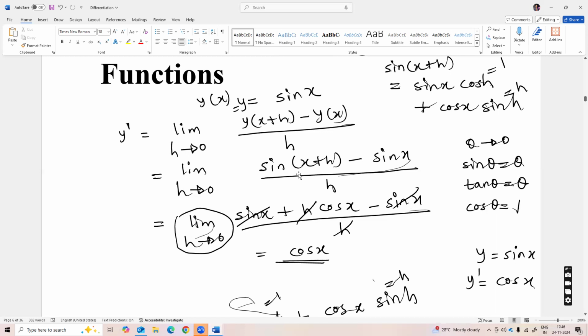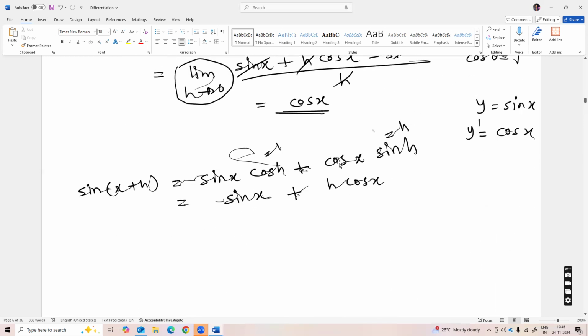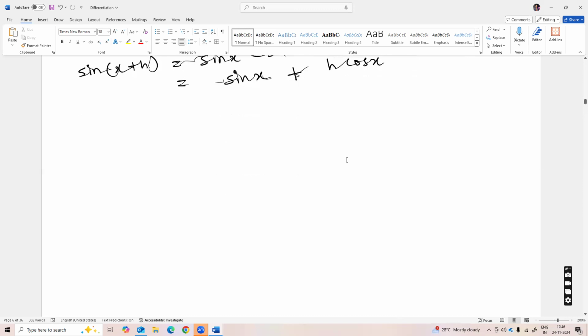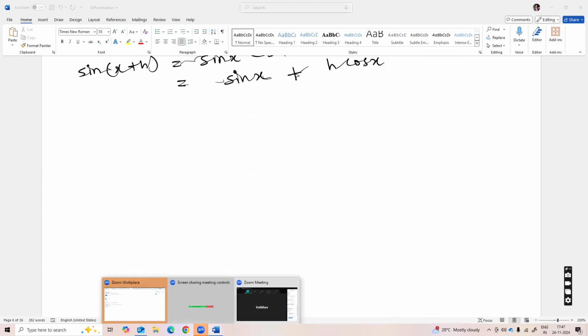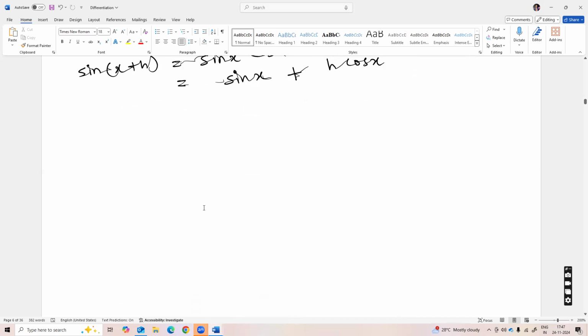I don't want you to solve this like this. It will be better if you remember the derivatives of these trigonometric functions. For the other trigonometric functions, I will write them down directly, and it will be better if you learn this part by heart. If y is equal to sin x, then y dash, or dy by dx, is equal to cos x.